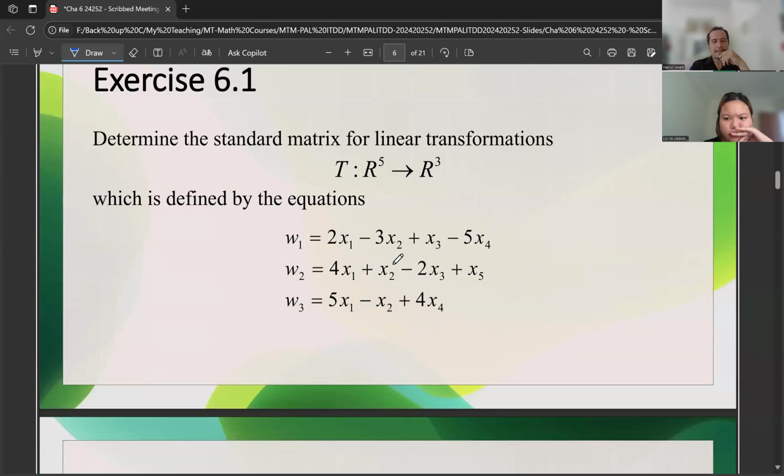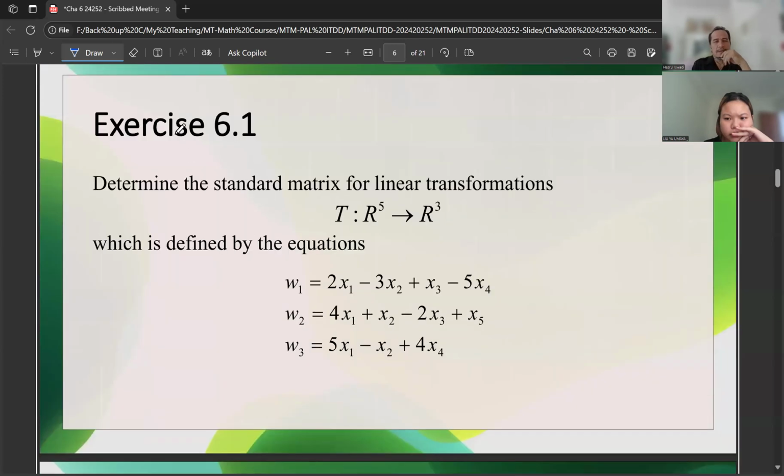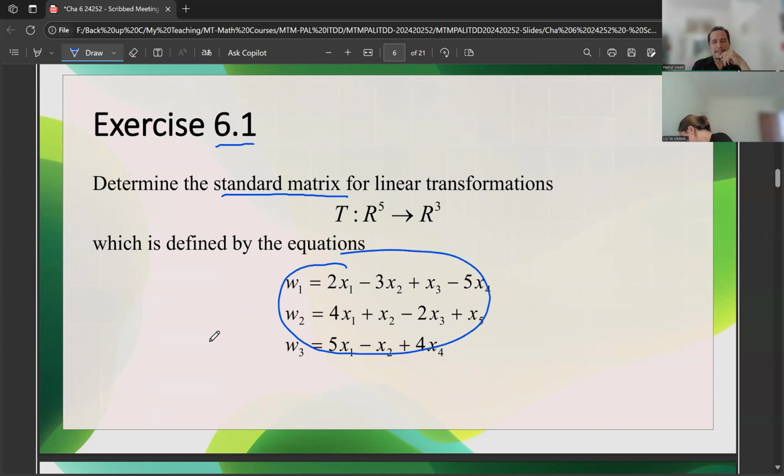Okay, so in this exercise, we want to determine the standard matrix of this linear transformation.